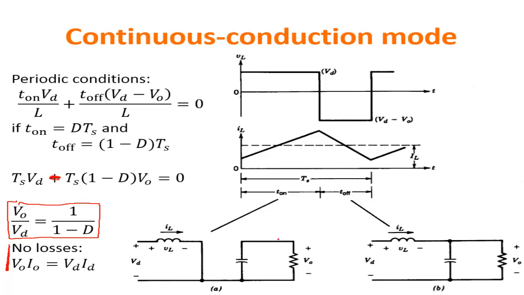This means that the product VD times ID, the power at the input, must be equal to the power at the output. This is interesting to keep in mind, because since we know the ratio of the two voltages, we can also know the ratio of the two currents. That would be reversed. Of course, this is based on the assumption that there are no losses, which is actually not always true. Rigorously it is never true, but sometimes the losses are significant.